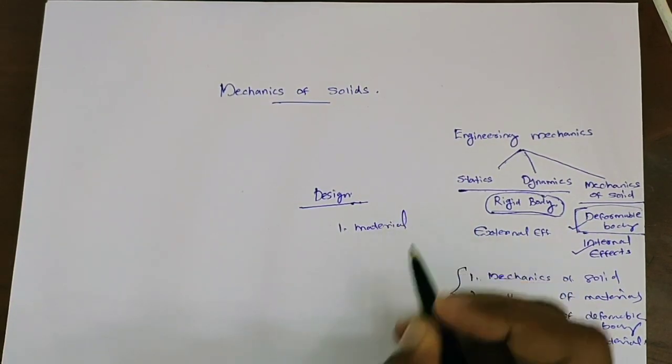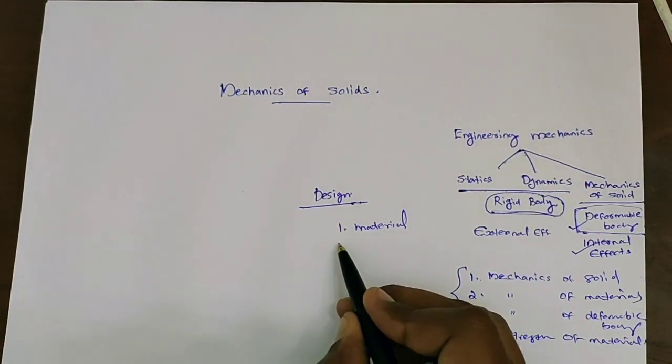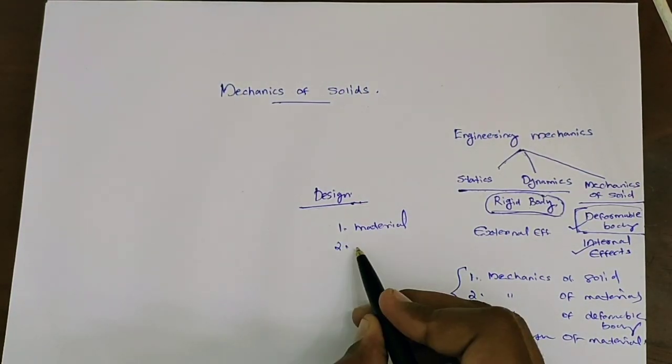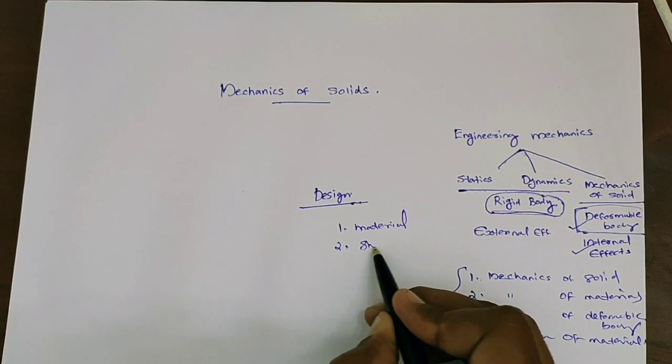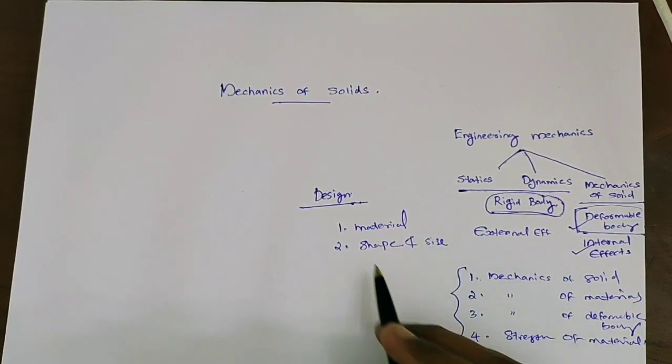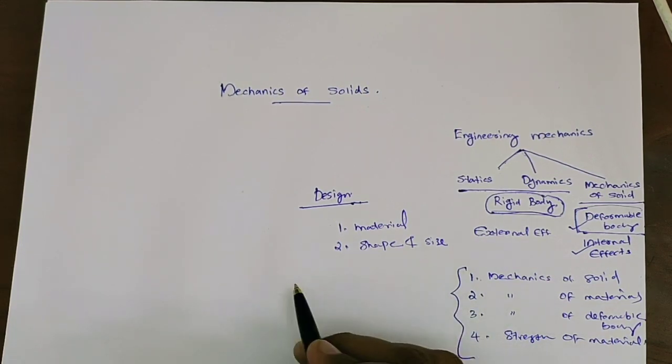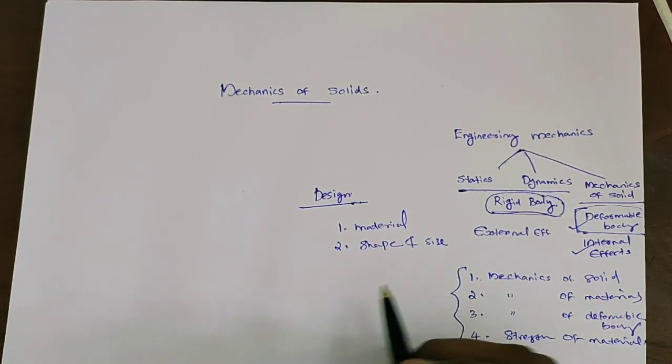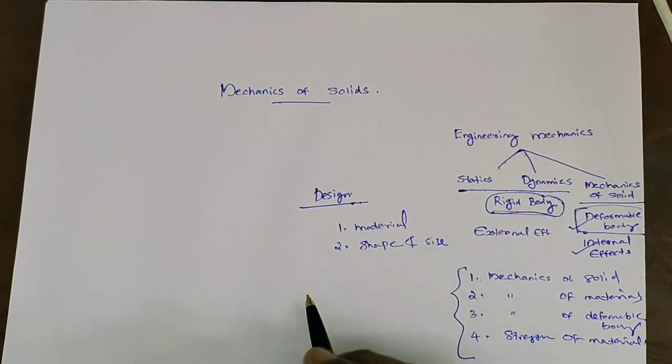While designing a member, we should select a material for the member. Second one is detailed dimensions. We can split that into shape and size of the member, and detail what is the cross section, what is the size of the cross section, what is the length. Everything comes under this shape and size. So we should select the material, shape and size of the member.